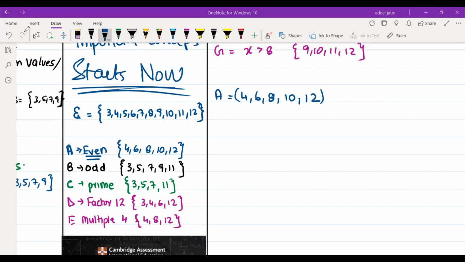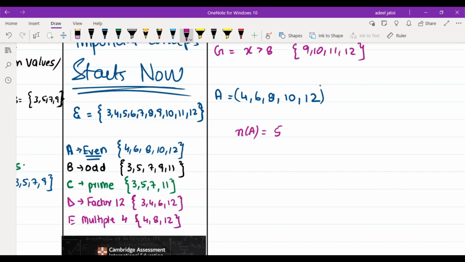Now, if the question would have asked what is NA? So we will be counting the numbers 1, 2, 3, 4, 5. So that means how many numbers are there in the set? 1, 2, 3, 4, and 5. So there are 5 numbers.